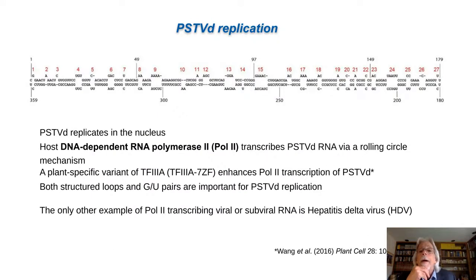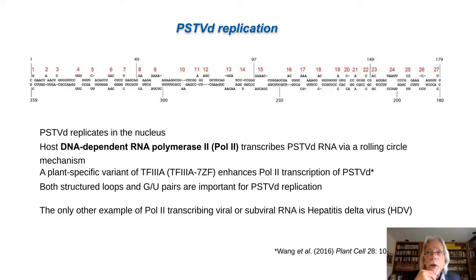Okay, now back to PSTVd replication. PSTVd replicates in the nucleus where it hijacks host DNA-dependent RNA polymerase II. This is the enzyme that transcribes DNA into mRNAs. It transcribes PSTVd RNA using a rolling circle mechanism, as we'll see in a minute.